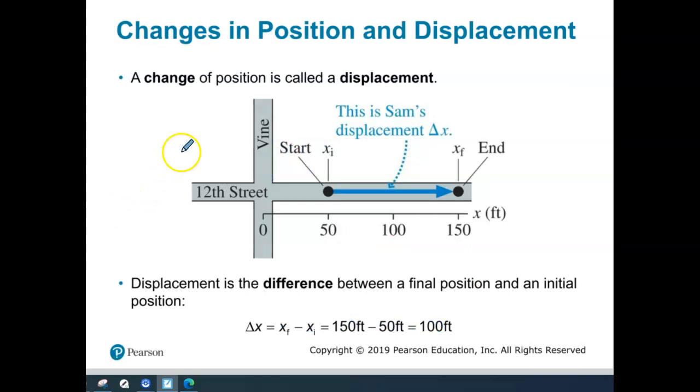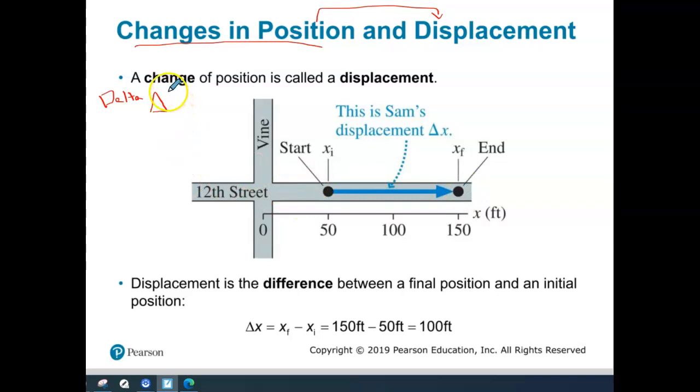So one of the first ideas that we're going to talk about is change in position, which is also known as the displacement of an object. Change in is the Greek letter delta, which looks like a triangle. Change in is a very common type of operator, and we'll measure the change in many things. So we can measure change in position.